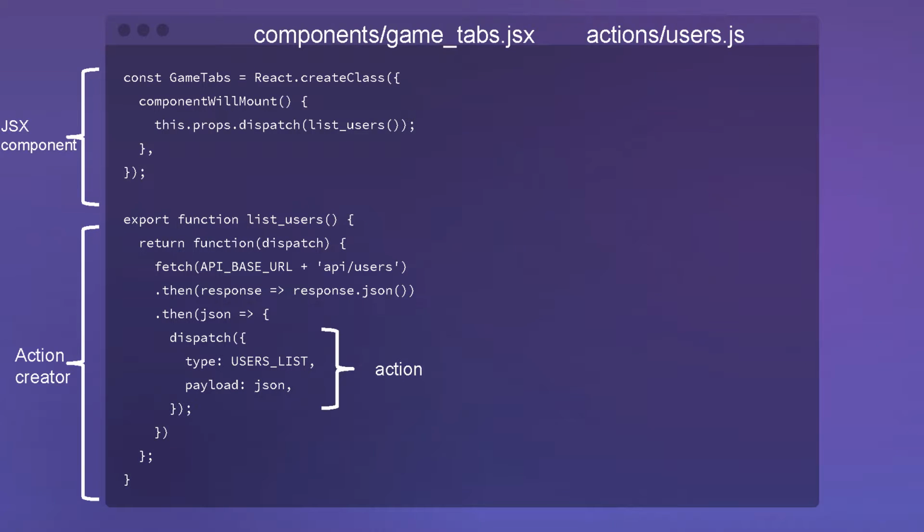So I'm doing a get on my users endpoint, and then you can see there's this dispatch of the action. I'm making this little action packet, which represents the list of users that came back from the server. All I'm doing is saying, here's the list of users, as an action type, and here's the actual list, and I'm dispatching that into my application.